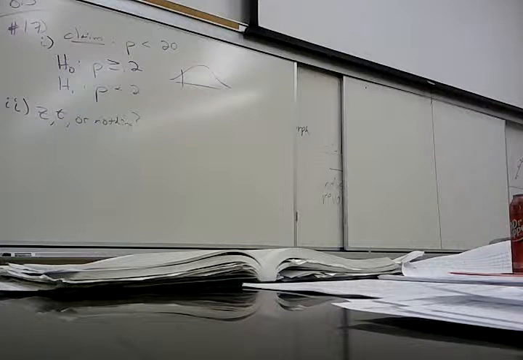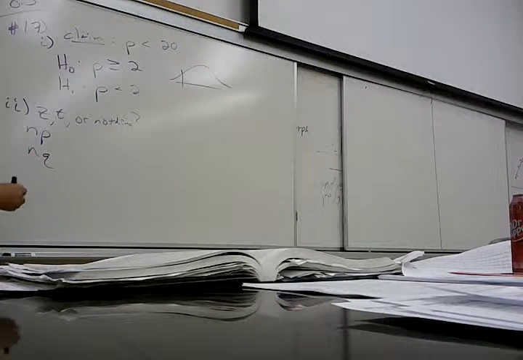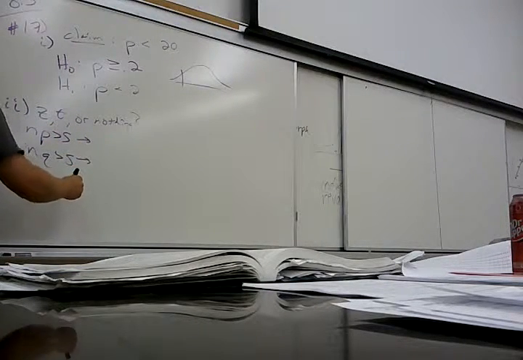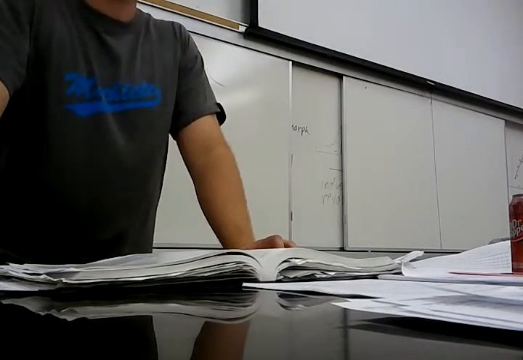Who remembers what you have to check for an np q problem? Population proportion, np and nq greater than 5. So let's check it. What's n? This problem is a really good one to talk about.